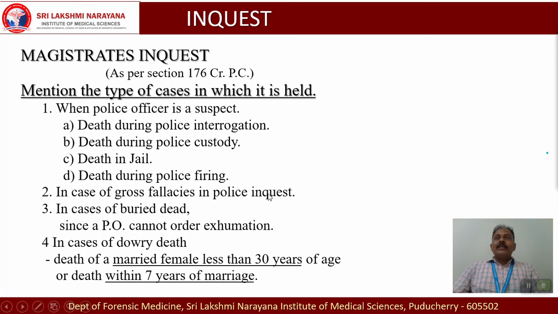In cases where buried dead bodies are there, exhumation cannot be ordered by a police officer, so in such cases the magistrate holds the inquiry in addition to the police inquest. In cases of dowry death of a married female less than 30 years of age, or a death within 7 years of marriage.